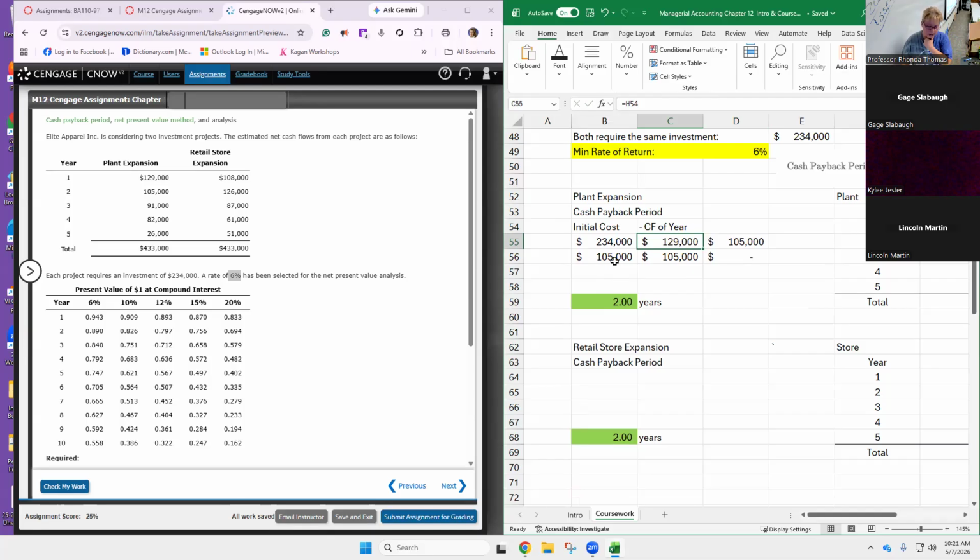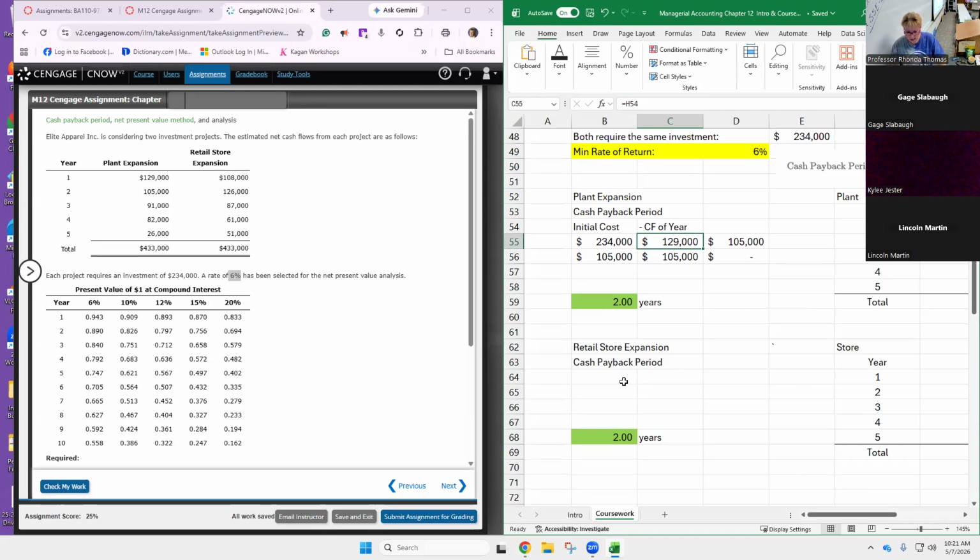If this was 105, and their cash flow was only half of that, then that would be 1.5 years. I didn't think about this being so complicated, because I've only worked this when we had an annuity or we averaged out the cash flow, but they won't let me do that on this one. So I've got to go with what they say.